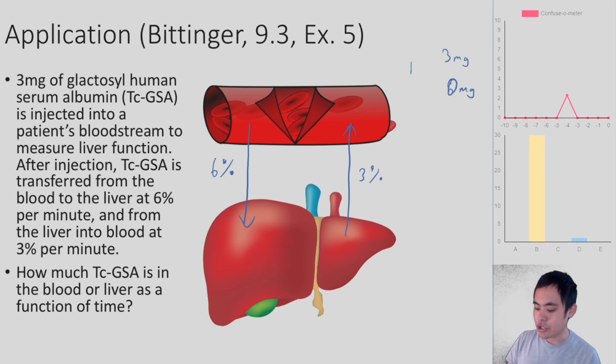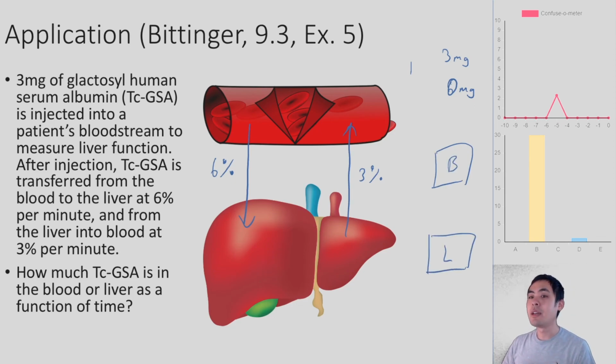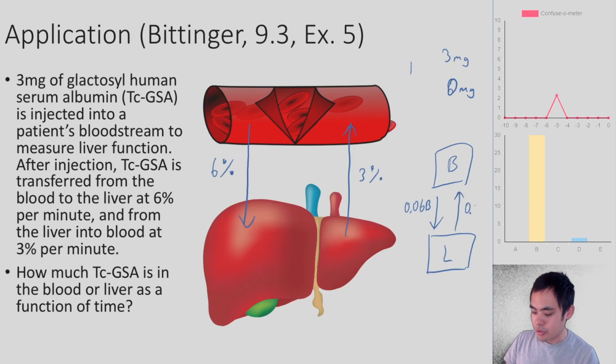And so this lets us actually create a two-compartment model where we have two different variables. So B is the amount of the serum albumin in the bloodstream, and L is the amount in the liver. And you have a two-compartment model where this is 0.06B, and this is 0.03L. And B of 0 is equal to 3 milligrams, and L of 0 is equal to 0 milligrams.